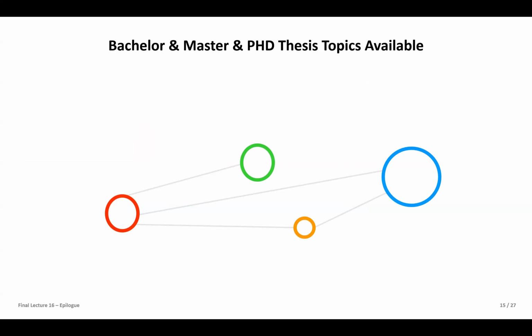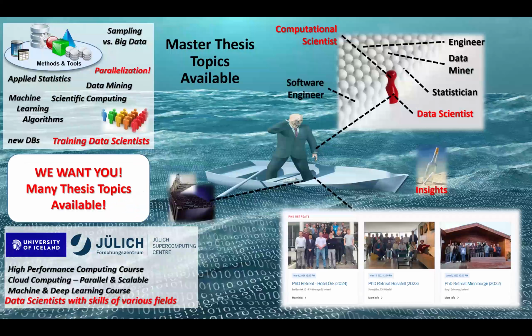Briefly about bachelor, master and PhD thesis topics, what would be, of course, a quintessence. So if it's interesting for you to work in the topics we had in the course, right, which are basically several methods and tools related to statistics, machine learning, scientific computing, data mining, parallelization. So this is something where we have lots of topics available.